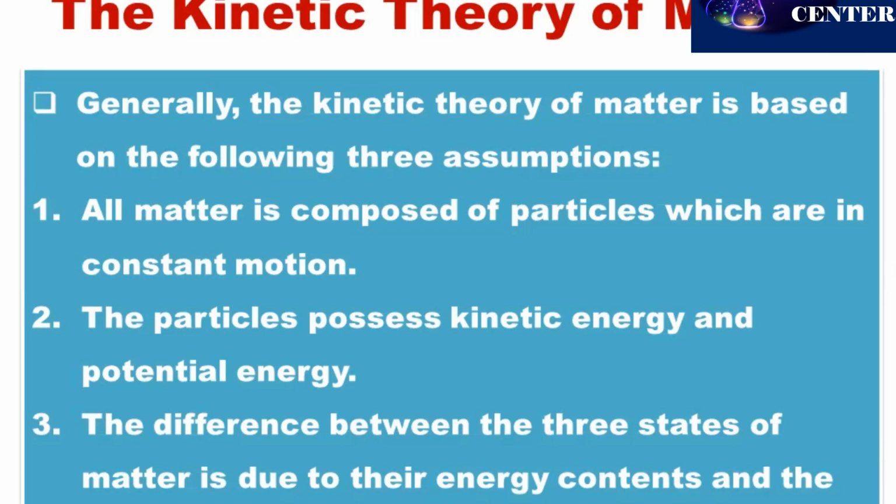The three states of matter are solid, liquid, and gas. You can convert solid into liquid, and liquid into gas, by heating, by increasing the heat energy. The energy of solid is less than the energy of liquid, which is less than the energy of gas.